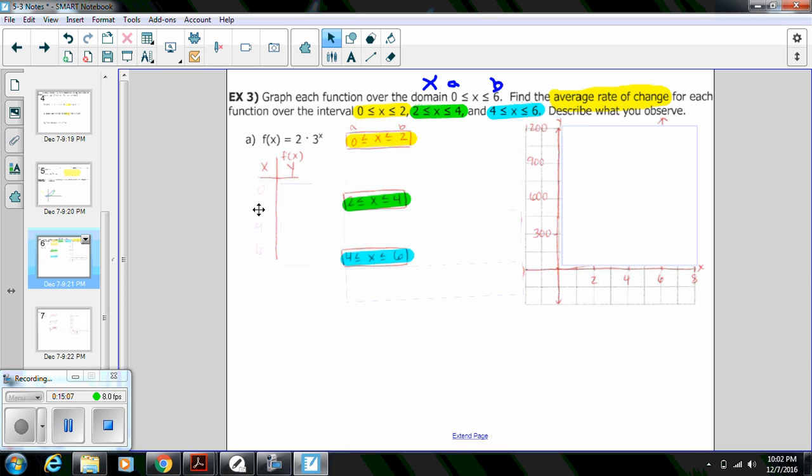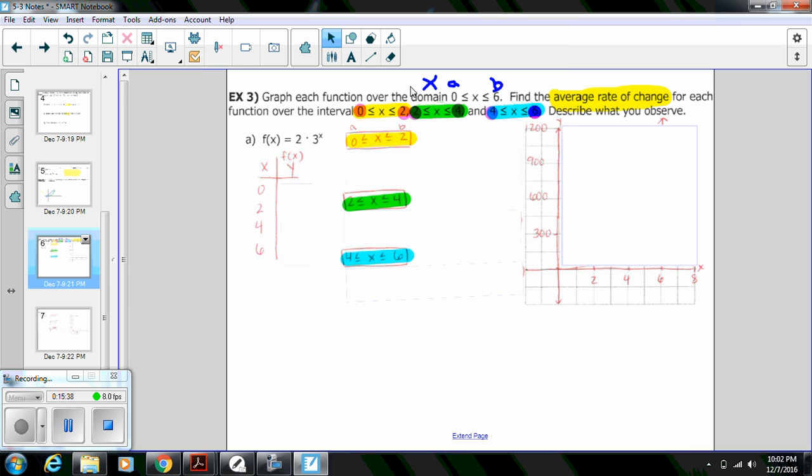So I'm going to choose, for this one, because it says over the domain 0 to 6, I'm going to choose 0, 2, 4, and 6. I get these numbers from these intervals that I am highlighting. So I'm going to use all those because that's what this problem is focusing on.